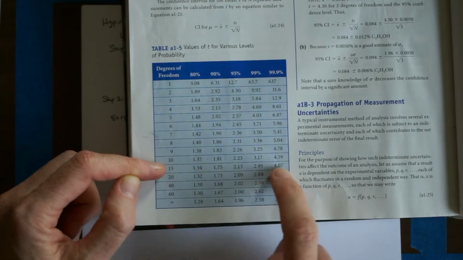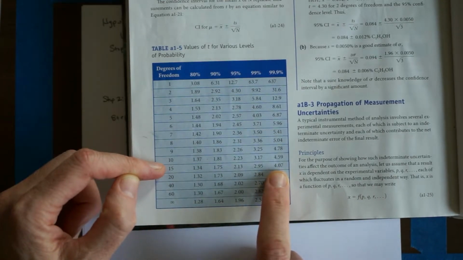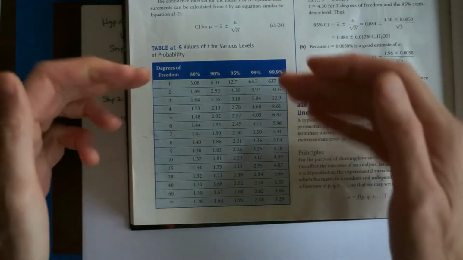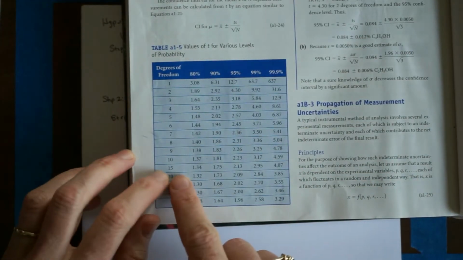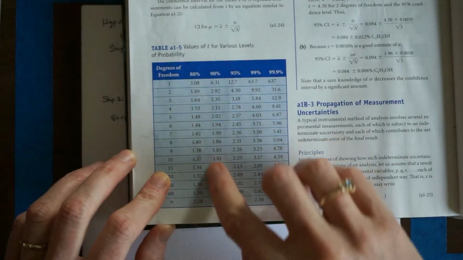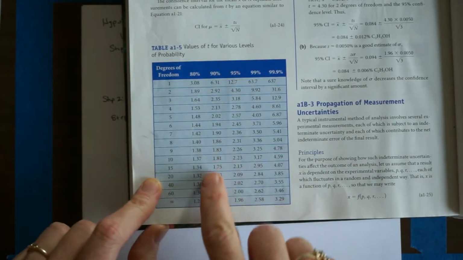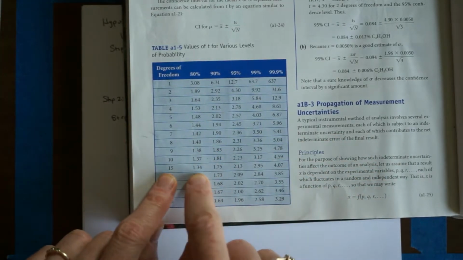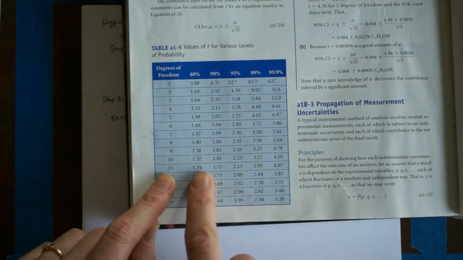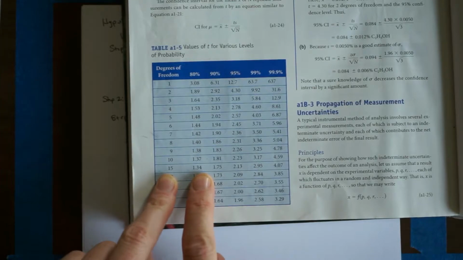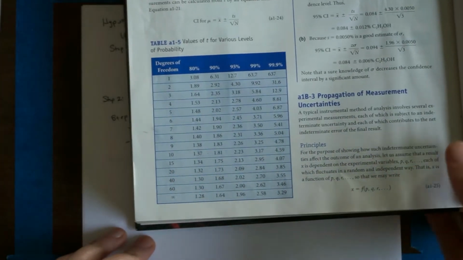There is no row in this table. There are more thorough tables that would show us all of the numbers from 1 to 60. But for the purposes of this exercise, you can see that there's not that much of a difference even between 10, 15, or 20. So we're going to assume that the 14 degree of freedom confidence interval is 1.34, just like it is for the 15 degree one.